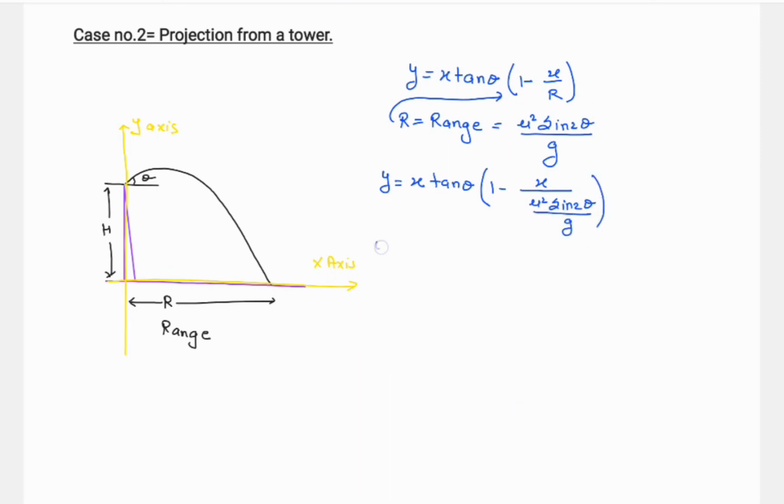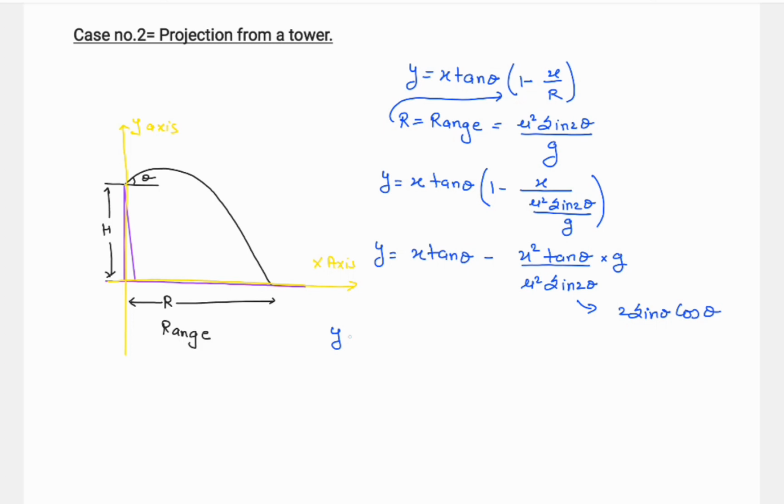So I can write y equals x tan theta, opening the bracket, minus x square tan theta divided by u square, with g taken in the numerator. And sine 2 theta, can I write this as 2 sine theta into cos theta?